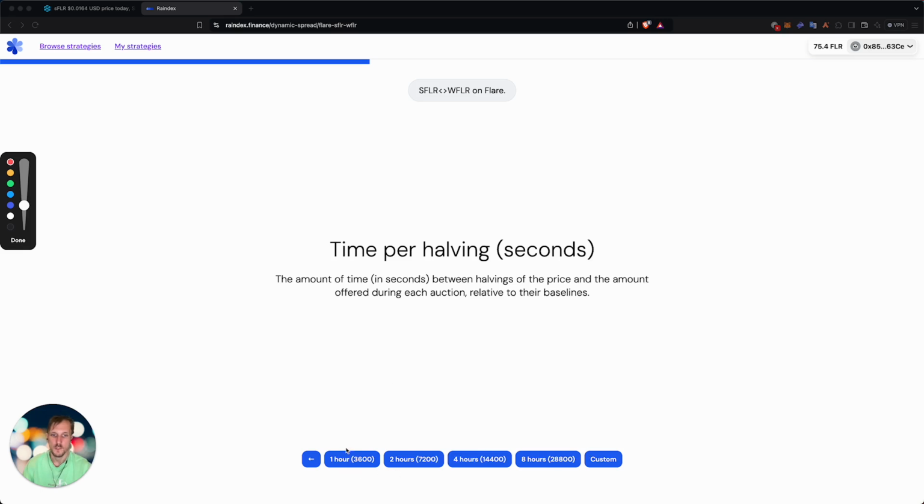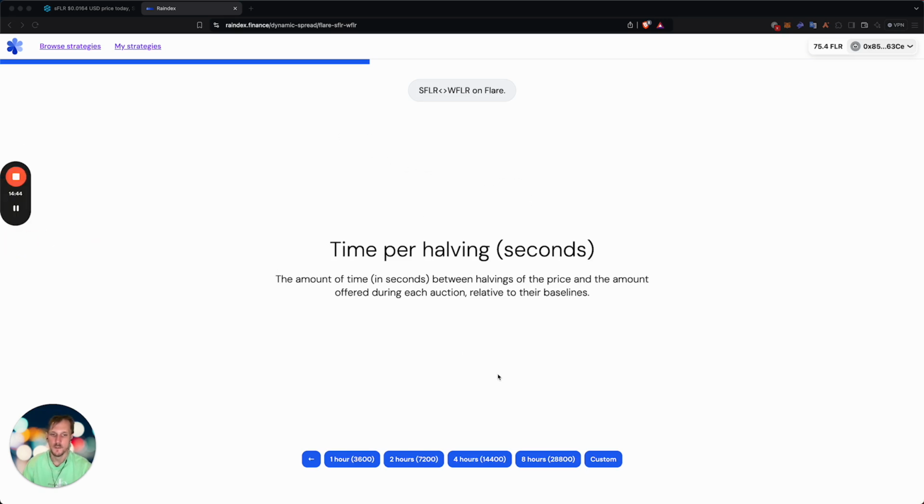The general options here are based on hours, because as we saw in the chart before, the volatility is happening on the scale of hours for this particular token quite often. So we can have the auction run down to within a few hours.